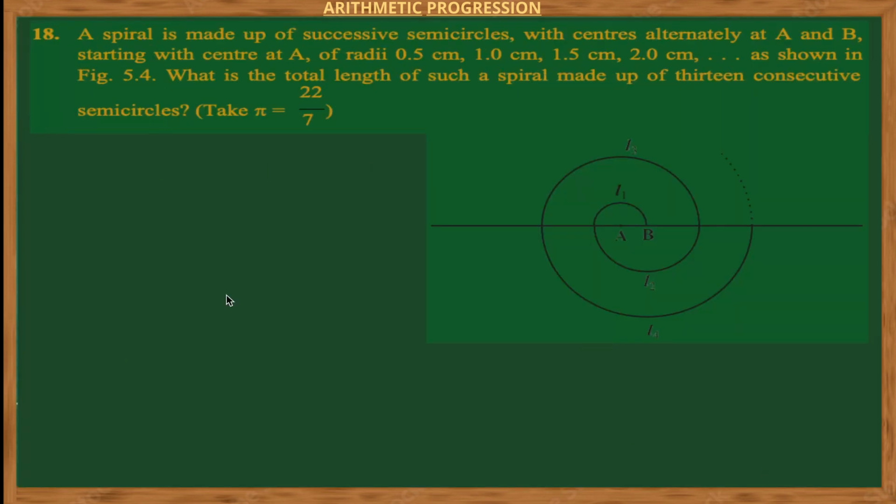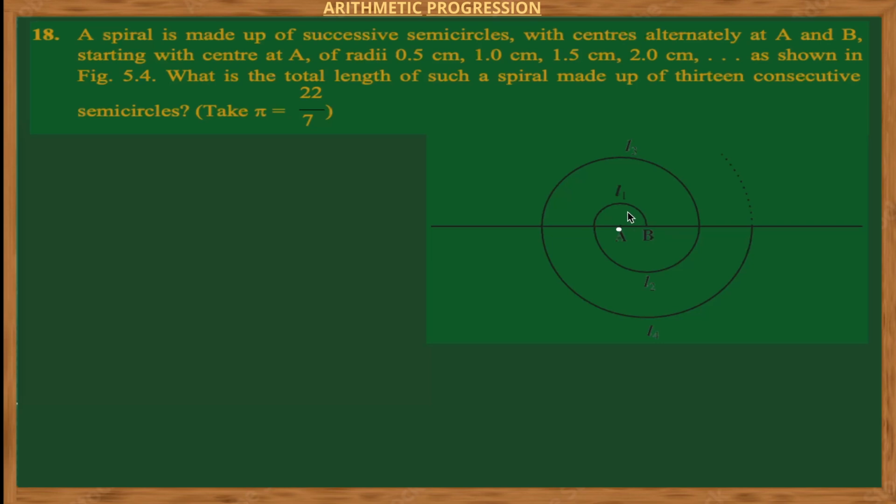Okay, so let's read our question. A spiral is made up of successive semicircles with centers alternately at A and B, starting with center A of radii 0.5 centimeter.